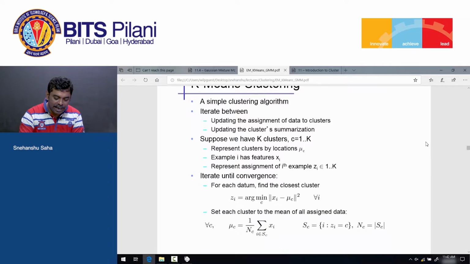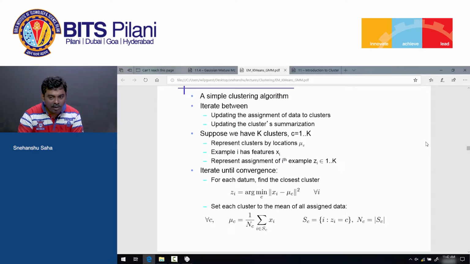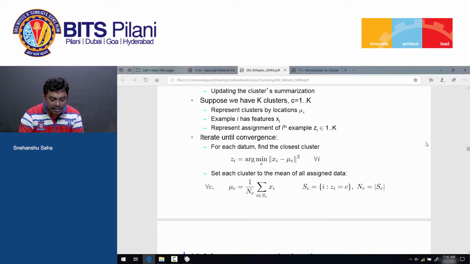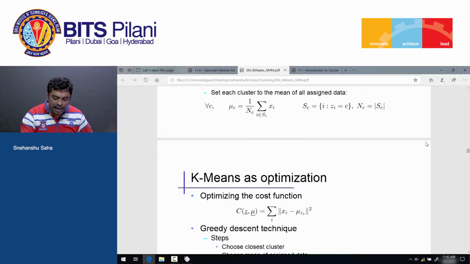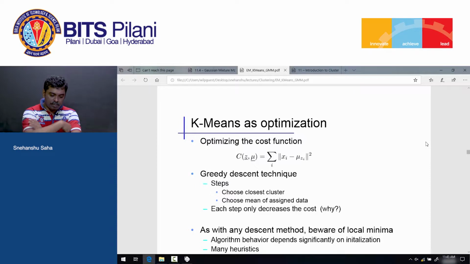Then you set each cluster to the mean of all assigned data. You compute that, and what you find is actually not surprising: the mean is at around the center. The other thing is there is a cost.